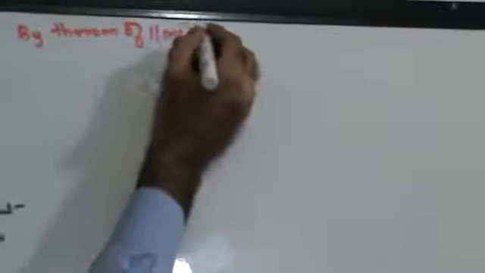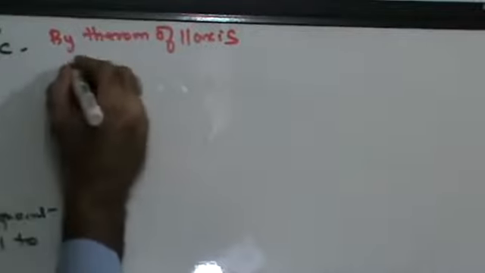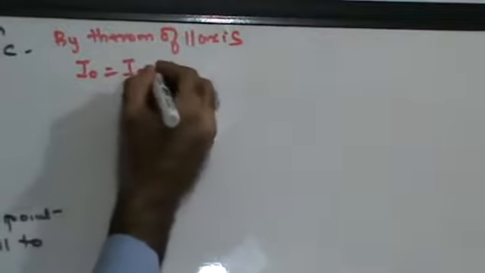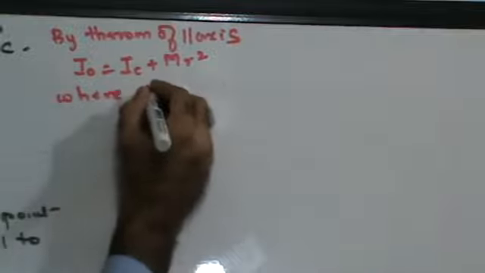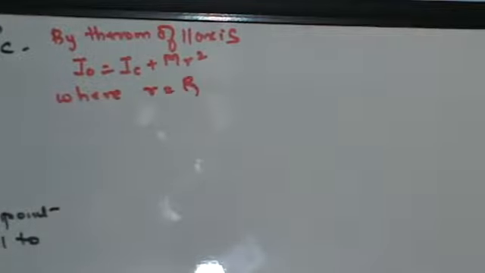by the theorem of parallel axis, IO is equal to IC plus MR square, where R is the radius of the disc.